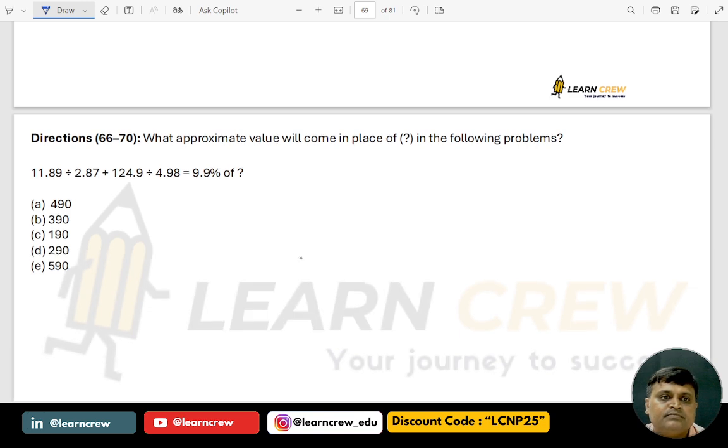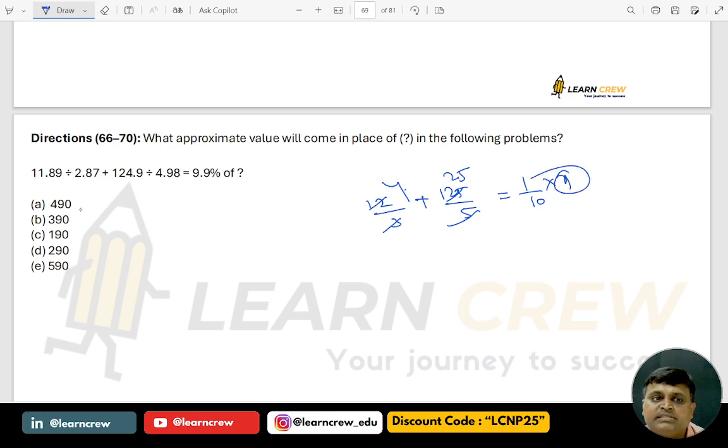Next. 12 by 3 plus 125 by 5 is equal to 1 by 10th of how much? So 3 4s are 12, 5 25s are 125, 25 plus 4 is 29, so x is 290.